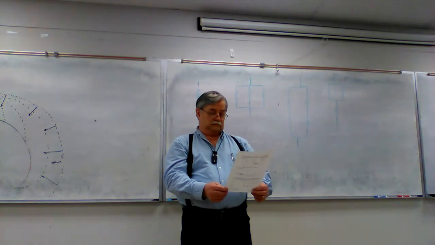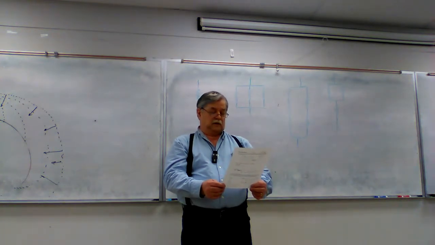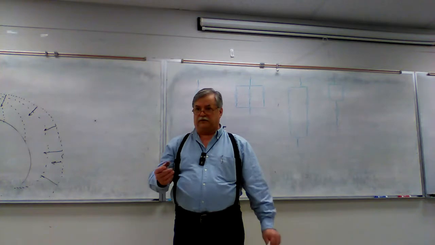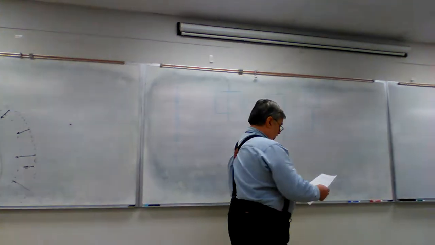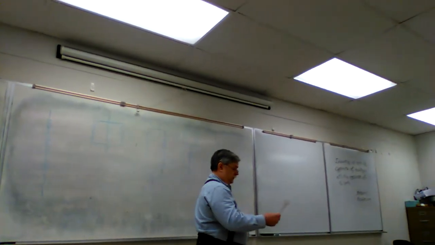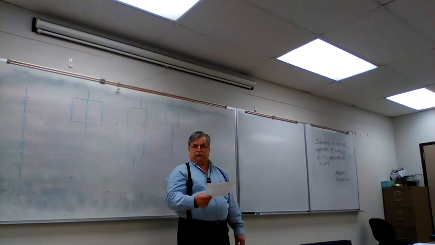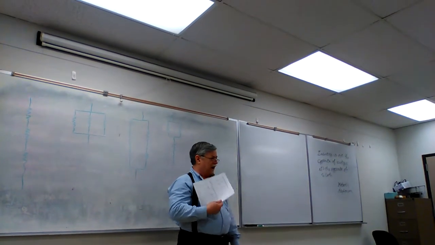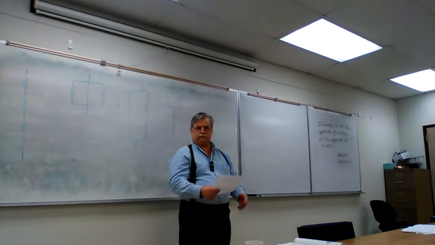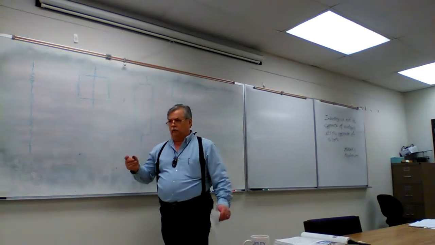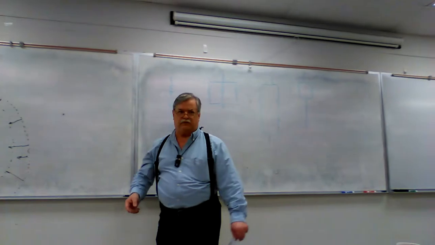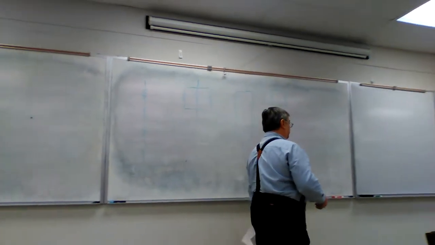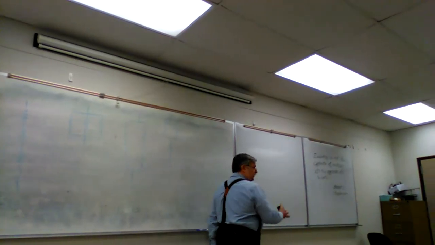And the final one. It was important to understand that when you close that switch, what's going to happen? When you initially close the switch, the current is going to start to flow and charge the capacitor.